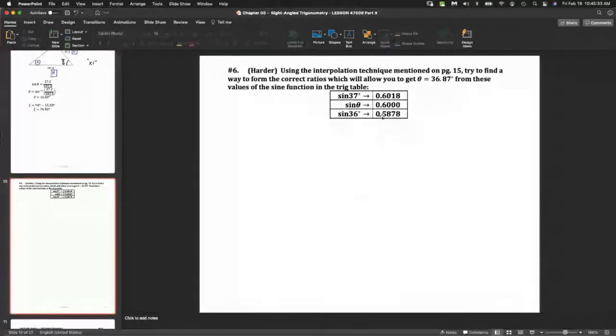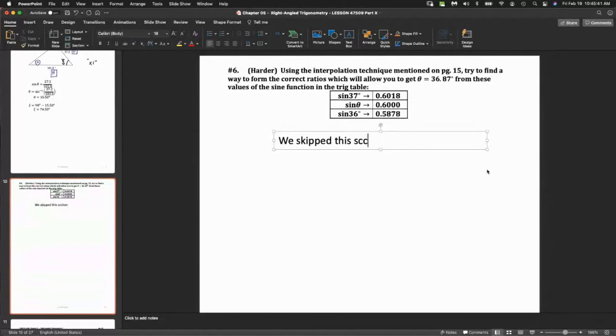This one here is a table interpolation question. Do not worry about this. We skipped this section. And I mentioned that already. If you're wondering how I know what I skipped or not skipped, I've posted the handwritten, annotated notes on Blackboard.